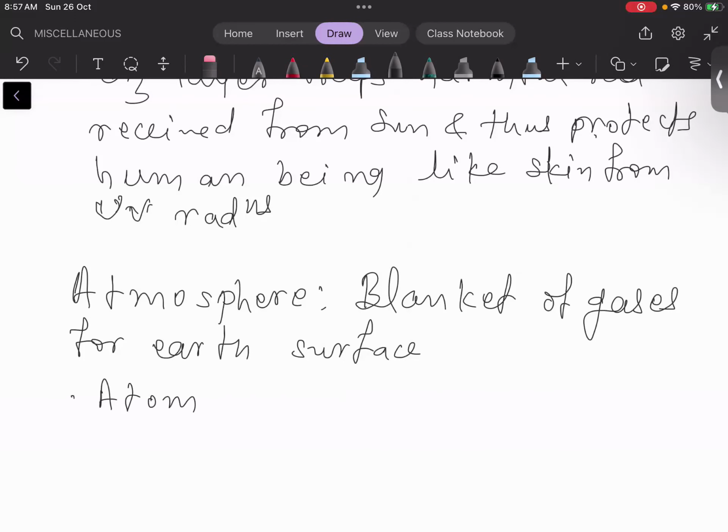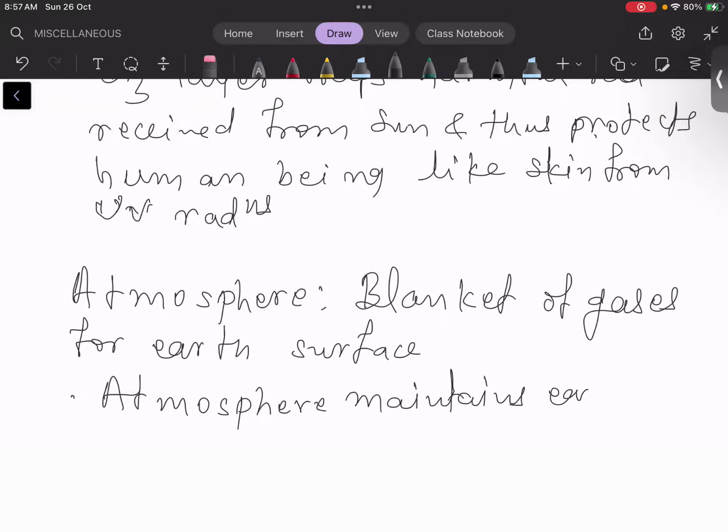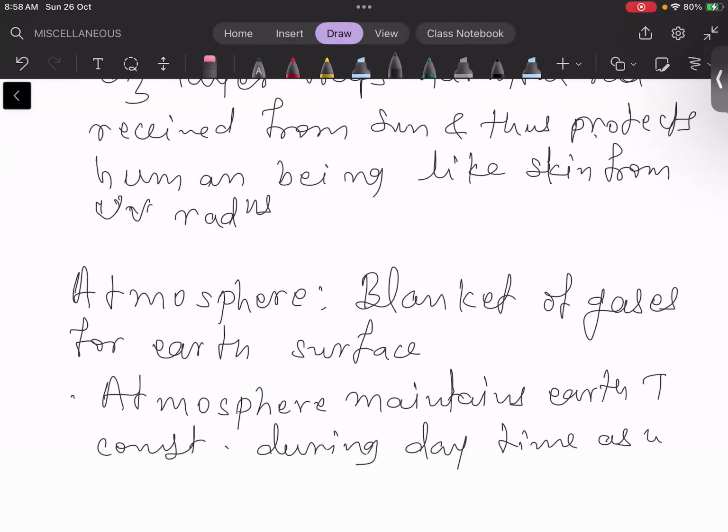The atmosphere maintains Earth's temperature constant during daytime as well as throughout the year.